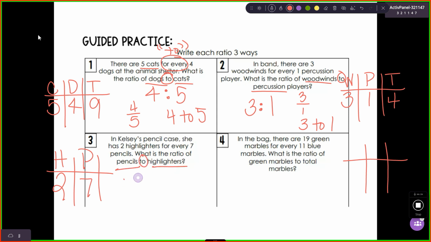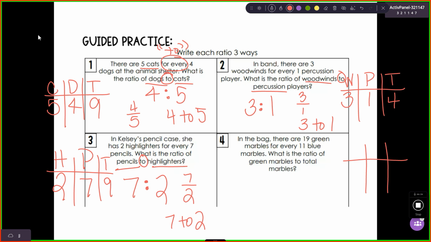So that would be 7 to 2. But what could they have asked us about? Our total. And what would our total have been? 9. So don't forget when you're setting up your table to include a total. Now, write it as a fraction and then write it with the word.